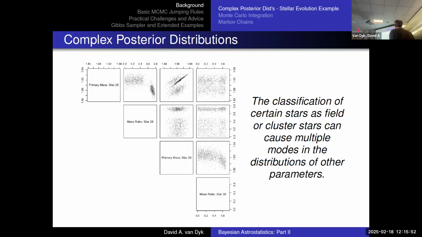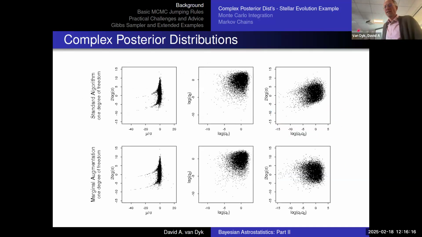So generally speaking, when you see multiple modes, you don't want to say, this mode's bigger, so I'm going to use this one instead of this one. You really want to look and think about what those different modes might be telling you about the science. They essentially correspond to different hypotheses about what's going on, and their relative probability tells you something about the relative likelihood of these different hypotheses.